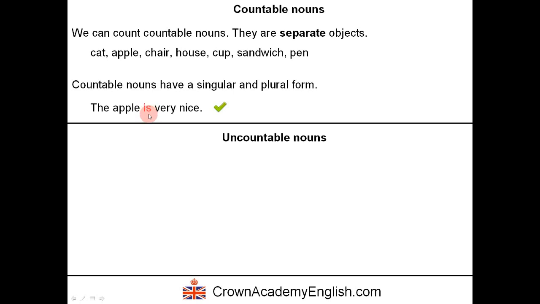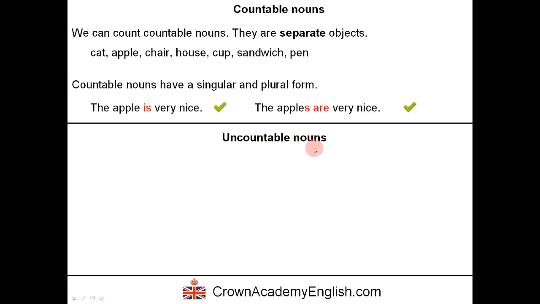The verb be takes the singular form also, because it agrees with the subject. And the apples are very nice. Here we have it in the plural. In the plural we add an s. The apples are very nice. So the verb be is in the plural form. So these are both correct.